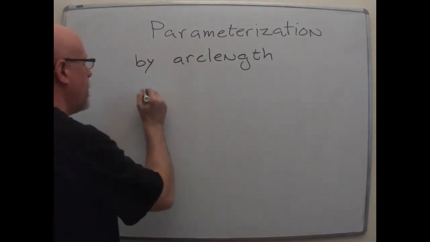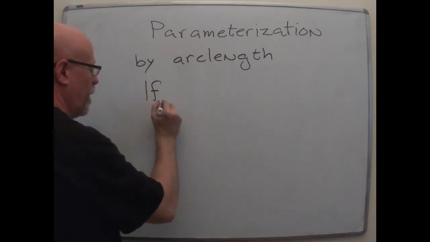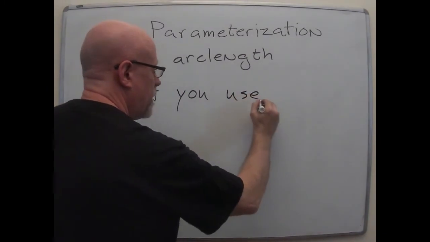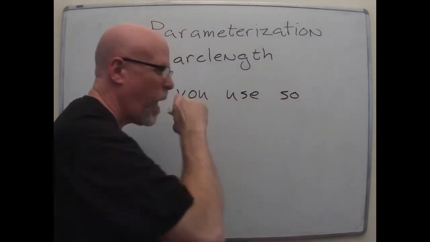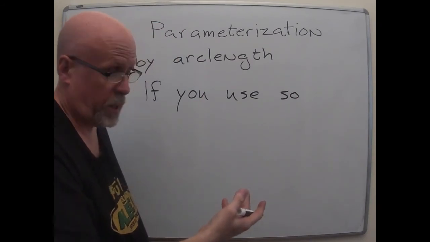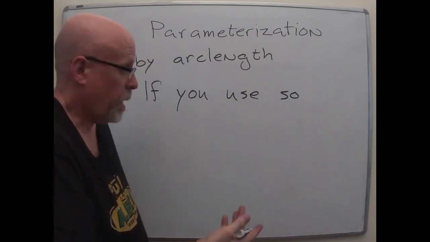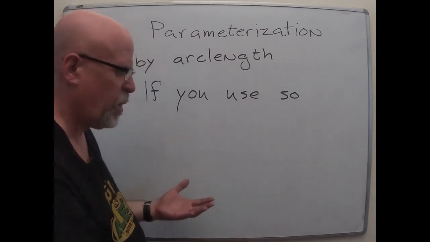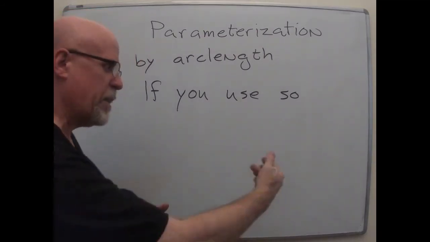Well, if you don't use arc length as a parameter, then the way you calculate things about your curve depends on the parameterization. If I'm trying to think about things like, how curved is this curve? What's the radius that it's bending at?